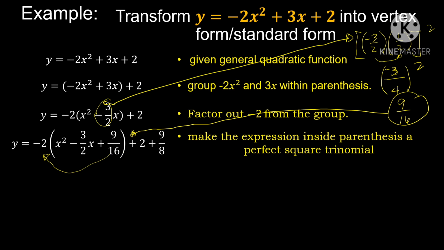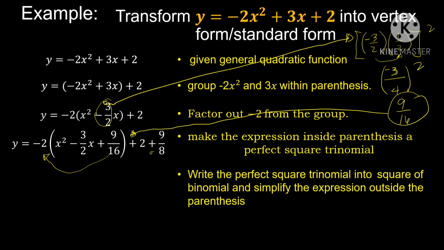And that is negative 9 over 8. So, you have minus negative 9 over 8, minus of negative becomes positive. So, that's why we have the positive 9 over 8. Okay? So, that's the result.